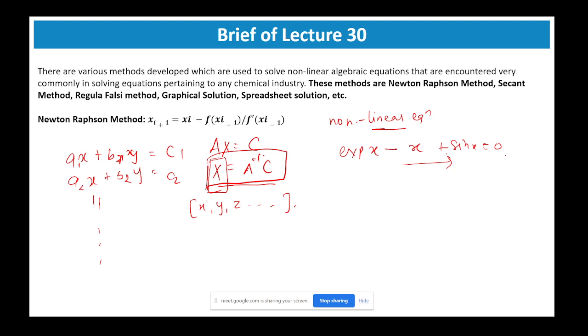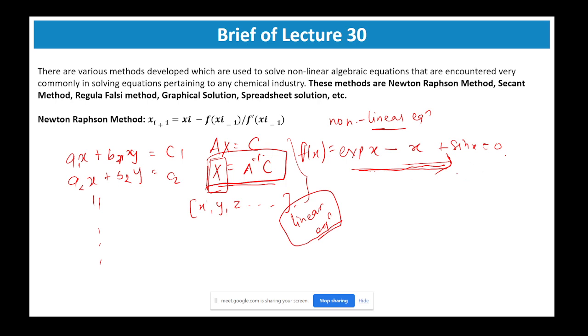If you want to solve such a non-linear equation, you want to know at what value of x this function value equals 0. This is nothing but f of x. So you want to know at what value of x this function becomes 0. For that, there are several methods, because what I showed earlier is just for linear equations. For non-linear equations you need to have a certain method.